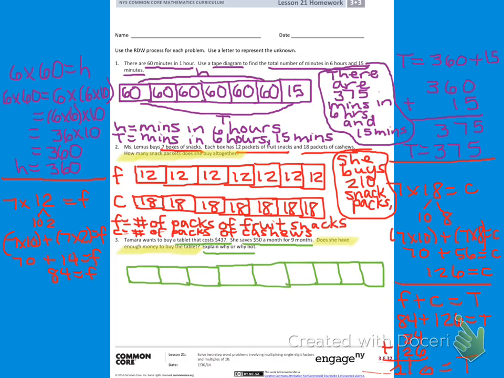Now, let's put $50 inside of each section because that's how much she saved each month.